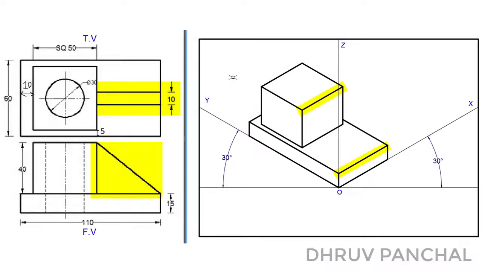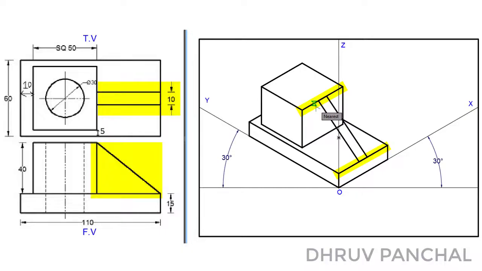Here, the width of the wedge section is 10 mm. So, from the midpoint of these two lines, with the help of a roller scale, draw a line. Now mark points on both sides of the midpoint at a distance of 5 mm and draw lines as shown.